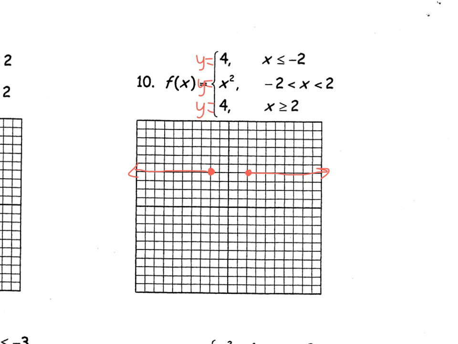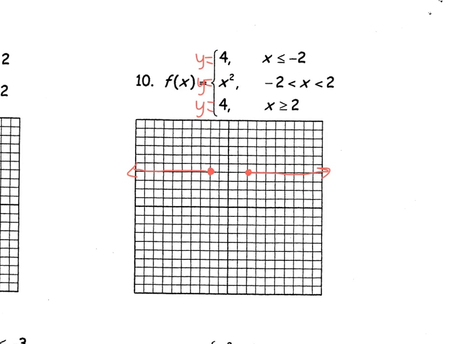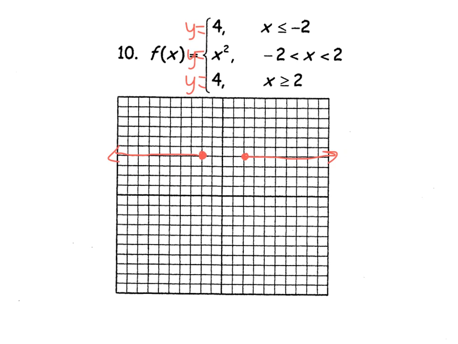Okay, so now this is in between negative 2 and positive 2. You have the parent function of x squared. So we know the parent function starts at the origin, goes up 1 over 1 in both directions, and then up 2 over 4.